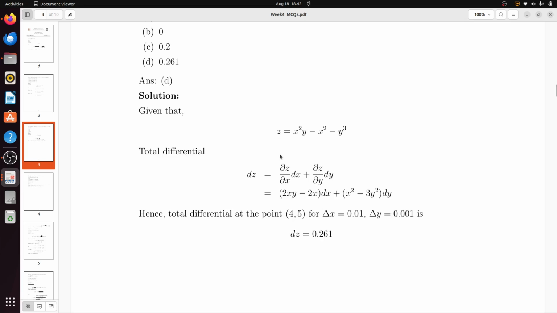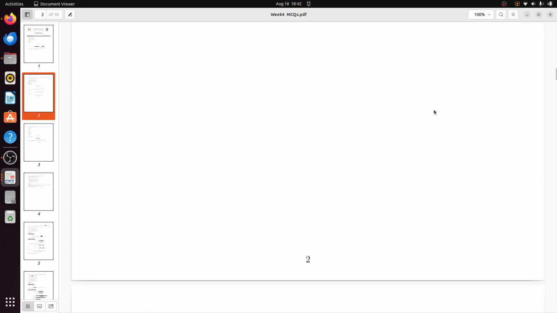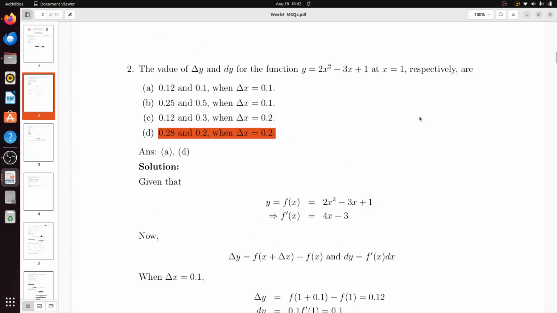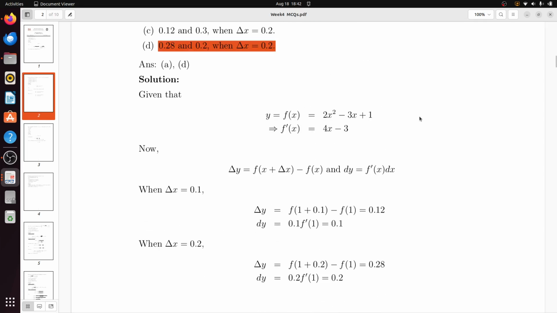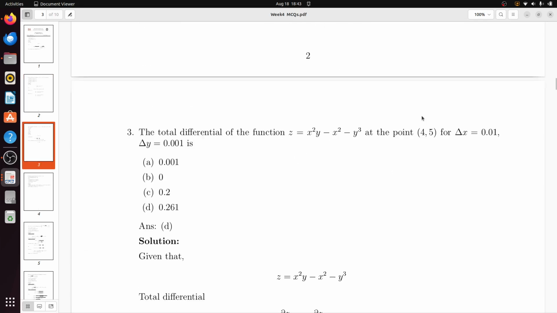The increments are given as dx equal to 0.01, and here you should use the symbol d.